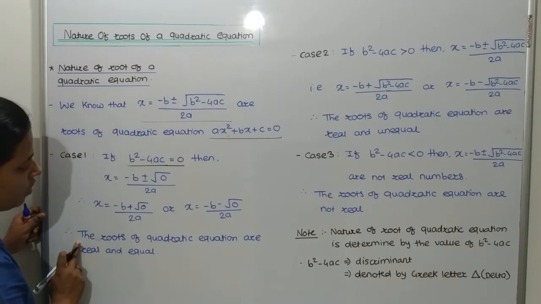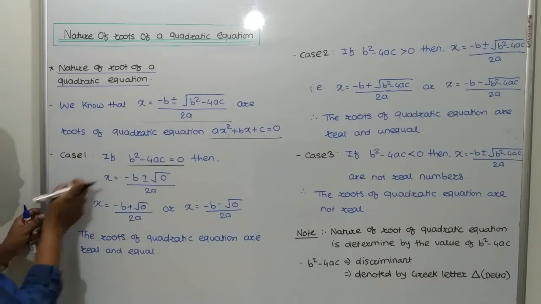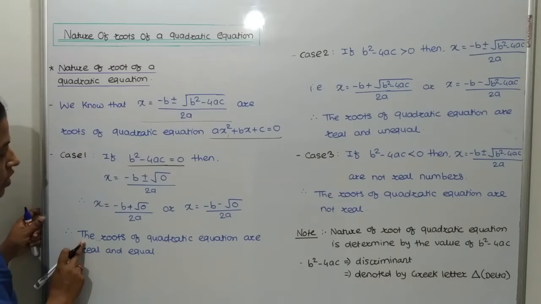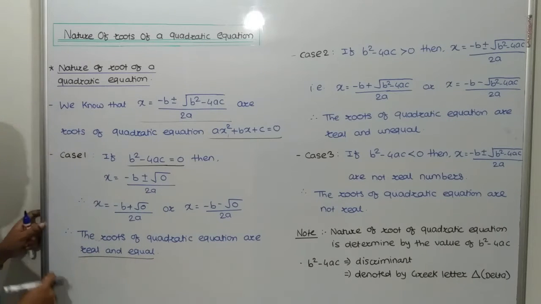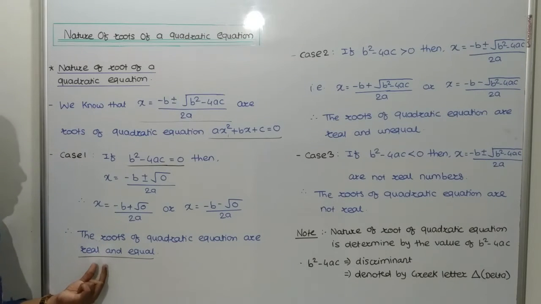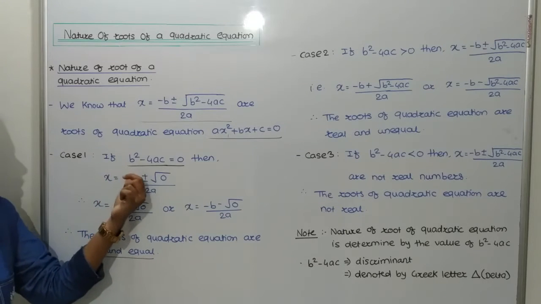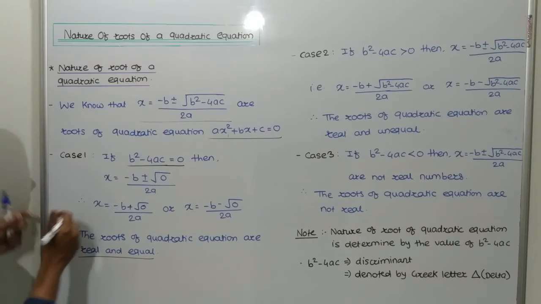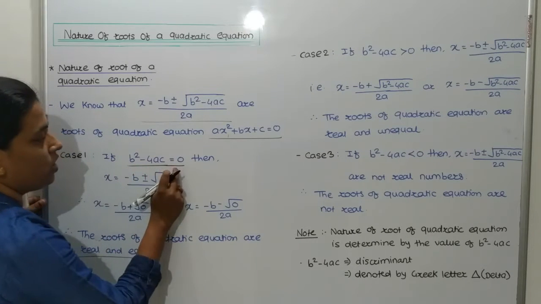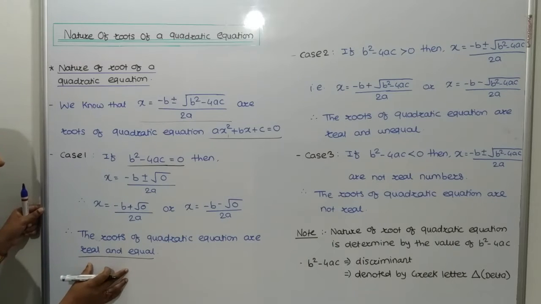So the nature of the roots in this case is that the roots of the quadratic equation are real and equal. This should be remembered: when b square minus 4ac is equal to 0, the roots are real and equal.